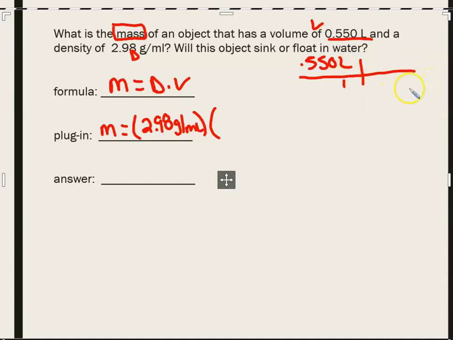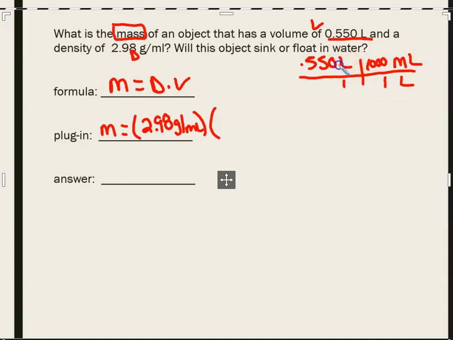Later, past Unit 1, I'll start letting you do some things without having to show the work, such as going from milliliters to liters. But for now, liters would come down, milliliters to the top. If I go to my sheet, millis are little, and there are 1,000 millis in 1 liter.